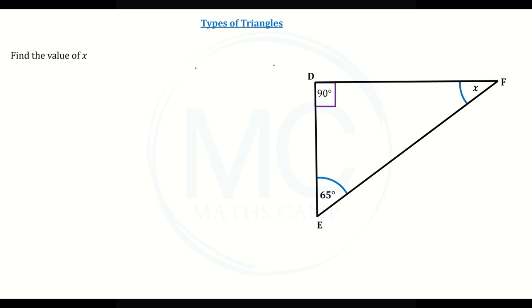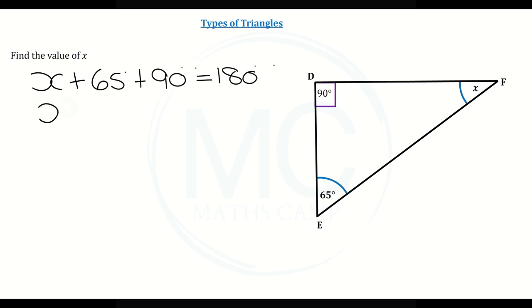We say x plus 65 degrees plus 90 degrees gives us a total of 180 degrees. Now we can simplify. We have x, 65 plus 90 gives us 155. So we say plus 155 degrees is equal to 180 degrees.